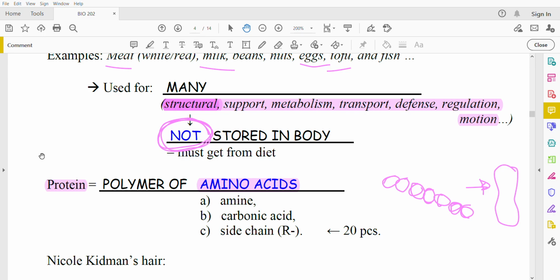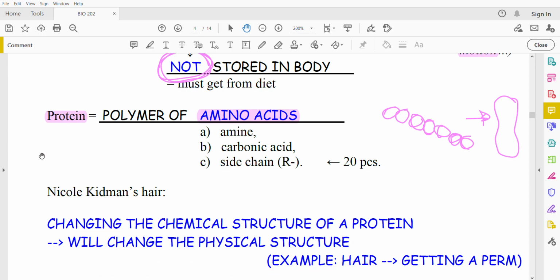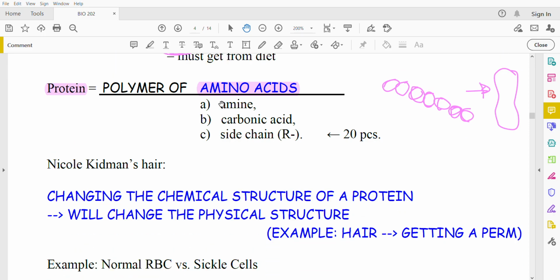Then the next thing, and I think I mentioned this in our lecture video, is that back in the day, in one of the textbooks that I was using in my class, there was a picture of Nicole Kidman on the chapter where we talked about proteins, and the students were asking me what does she have to do with proteins, and I quite frankly answered that I don't know, but I did some research.